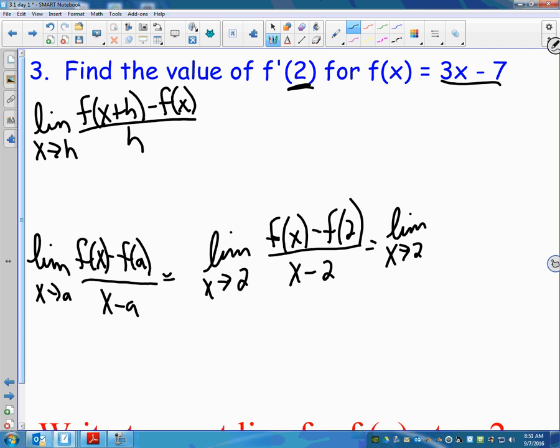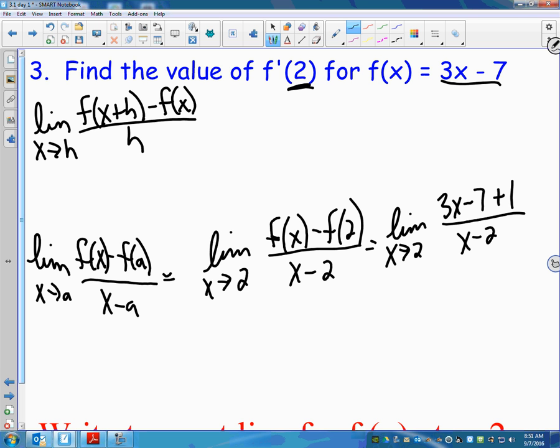So f of x is just 3x minus 7. If I plug 2 in there, you can either do the whole thing, or just plug in 2 and then distribute. That's going to be 6 minus 7, which is negative 1. But I'm subtracting a negative 1, so I'm just going to make that plus 1. Are you okay with that?